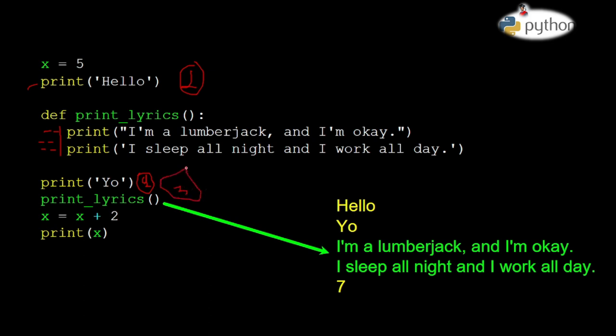Print lyrics, two lines of output are displayed here: I am a lumberjack and I am okay. I sleep all night and I work all day. And then the fourth one is this one. So based on this principle or step, the function displays this output.